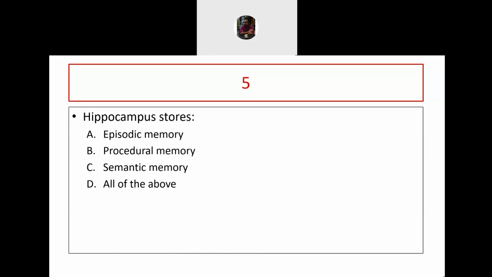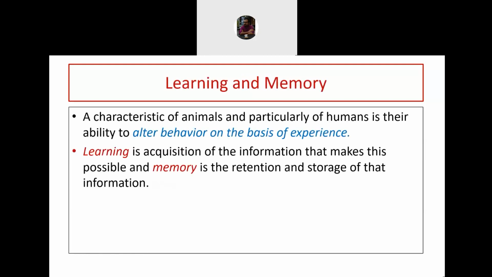Okay, so with this we start the discussion on the physiology of learning and memory. We know one characteristic of humans is that we can alter our behavior on the basis of experience. For example, if we touch something and that experience is painful, we'll stop touching that, we'll avoid that object.